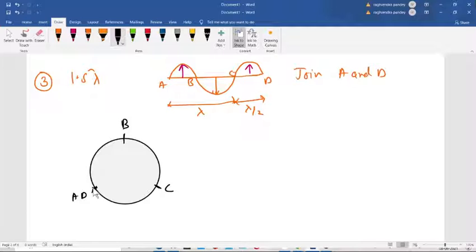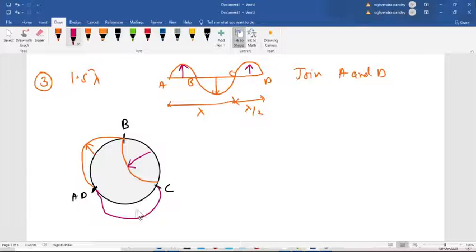So A to B, let's take the difference. A to B is your crest. B to C is your trough. C to D is the crest. So let's form the crest here.